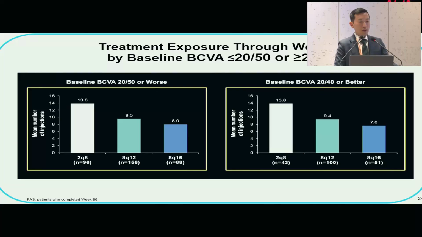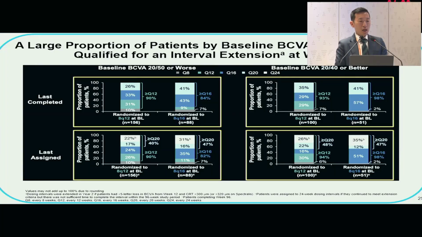Again, if you look at the number of injections, reflecting the same thing, those with better disease, the number of injections was similar across both groups of BCVA. Again here, looking at the last completed interval, you can see that a large proportion of patients with essentially better disease had longer interval extensions, again, not surprising.